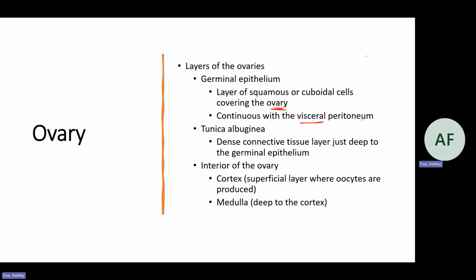So we have kind of the outer germinal layer. We have the tunica albuginea, which is again a fibrous kind of connective tissue that's just inside the germinal epithelium. And then we have a cortex and a medulla that we've seen multiple times in things like the adrenal glands and the kidneys. The cortex is where the oocytes are going to be produced and follicles are going to change. And then the medulla is the inside.